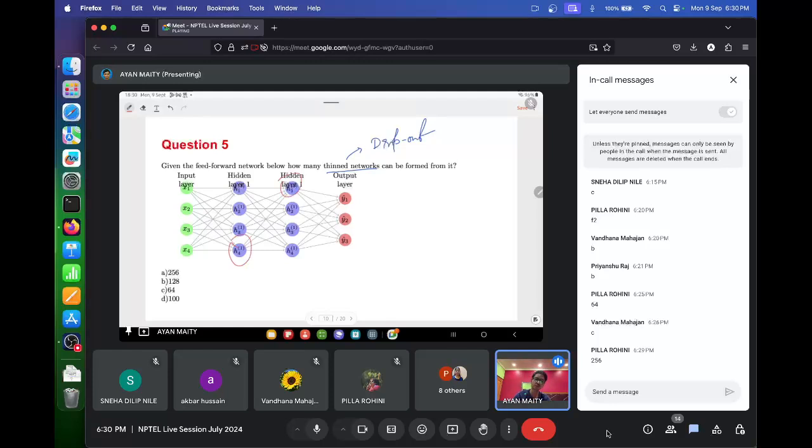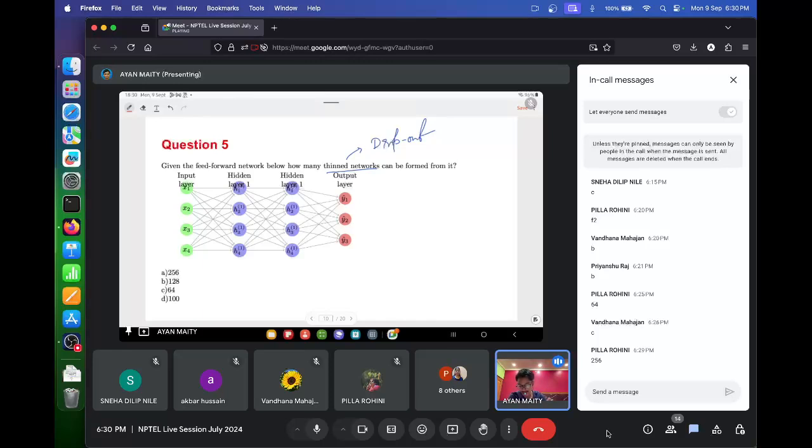So these two hidden units are removed, and this becomes a new thin network. So this is how dropout is used to create multiple different thin networks and then combine their outputs to form the final output. So this is also an ensemble method for neural networks.